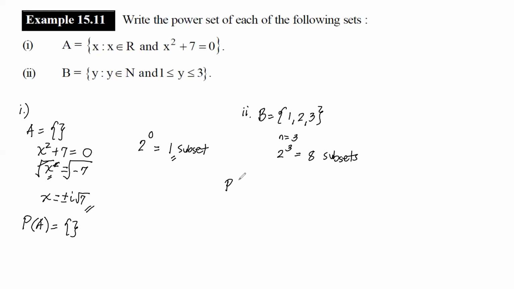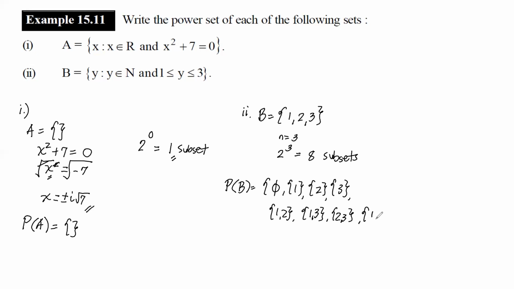So we're going to find the power set of these. We will have the null set. Of course, we have {1}, {2}, {3}, {1, 2}, {1, 3}, {2, 3}, and of course this one, {1, 2, 3}.